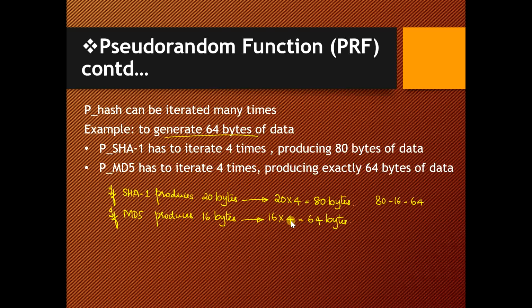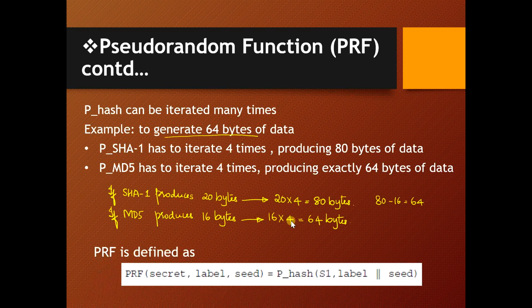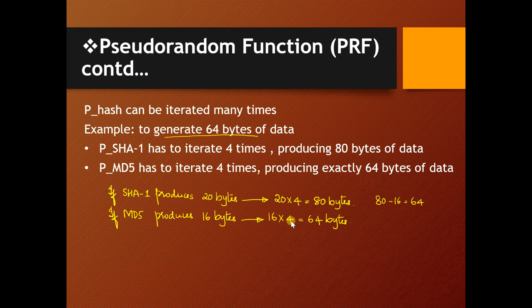So one important thing that you need to note here is that each iteration will involve 2 executions of the HMAC. Each of these will in turn involve another 2 executions of the underlying hash algorithm.